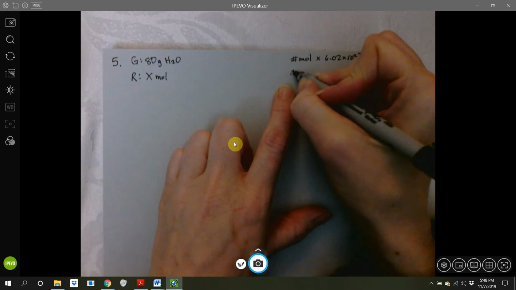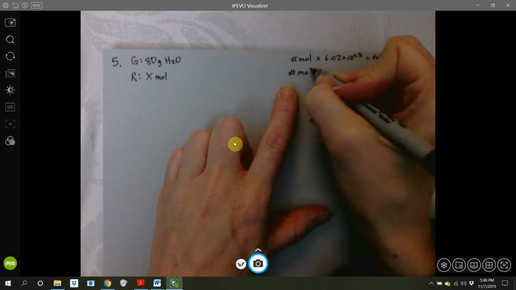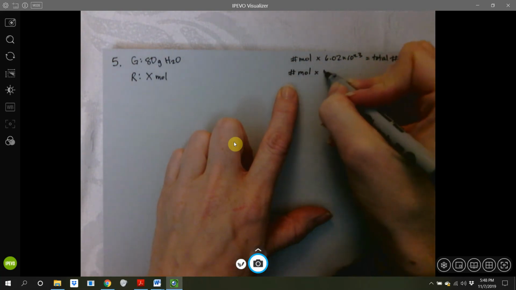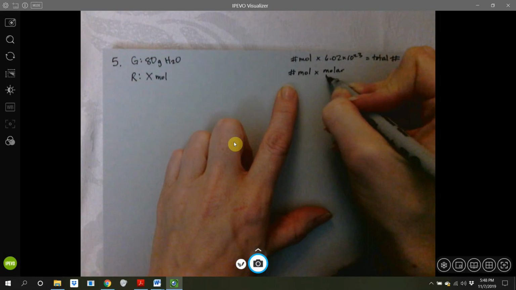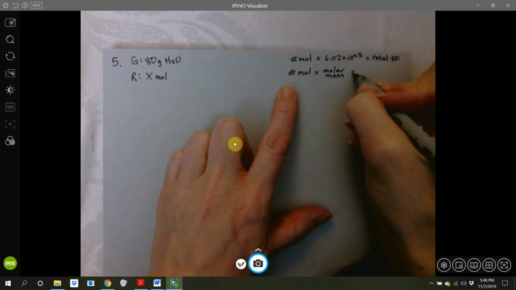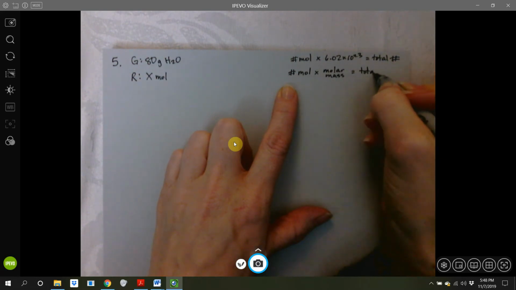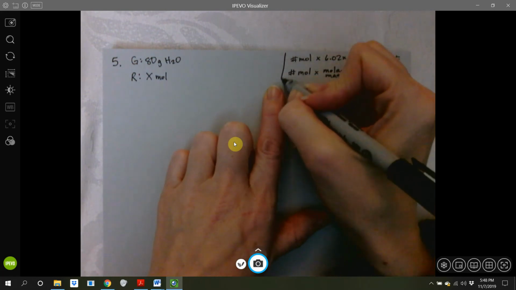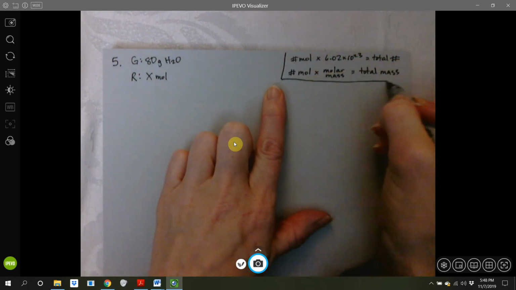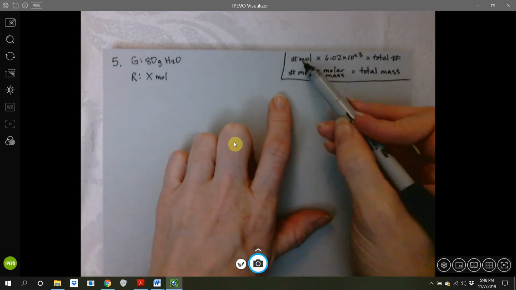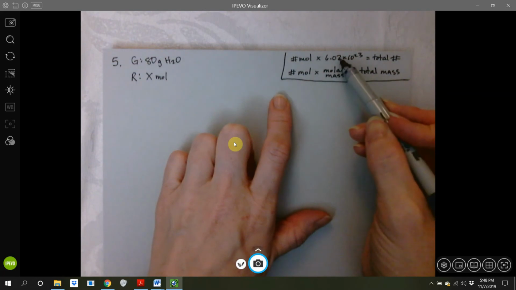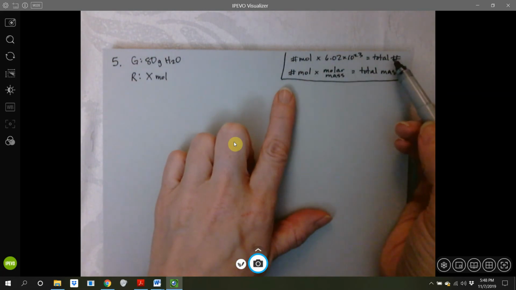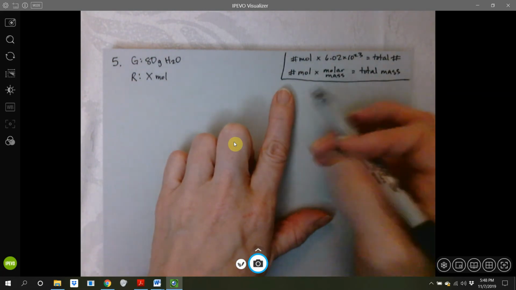We also know that the number of moles times the molar mass equals the total mass. So we'll use those statements to answer all of these questions. Number of groups times how many in each group gives us our total, right? It's that same kind of logic.